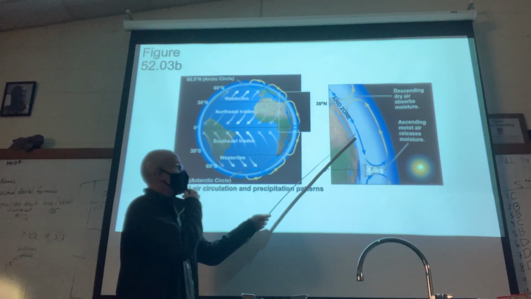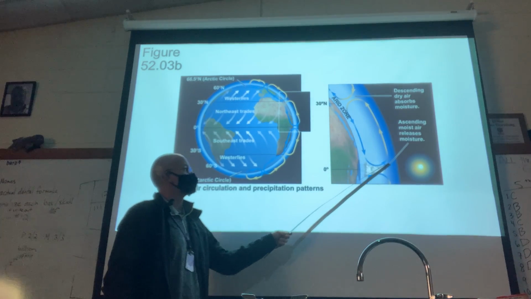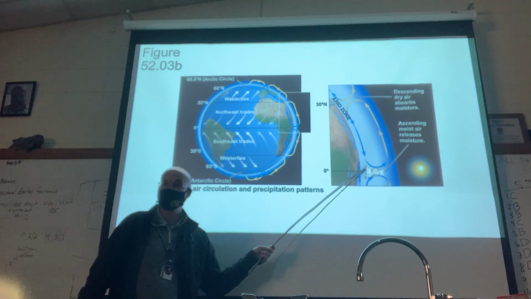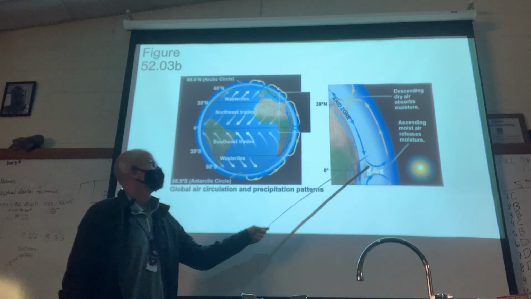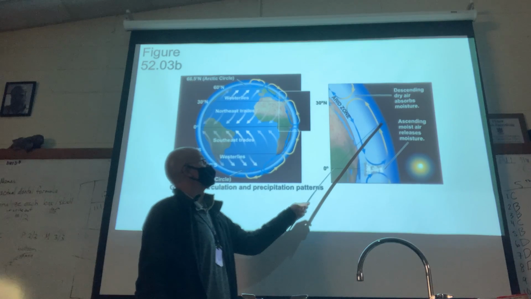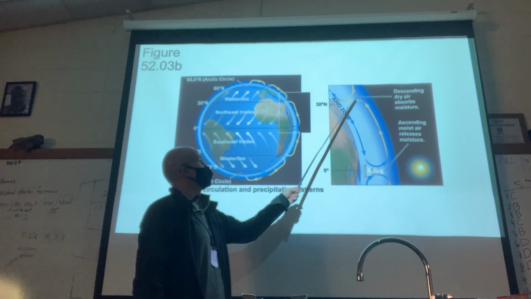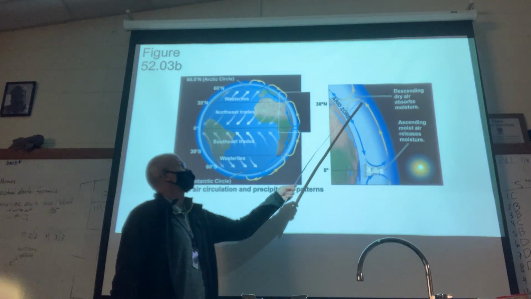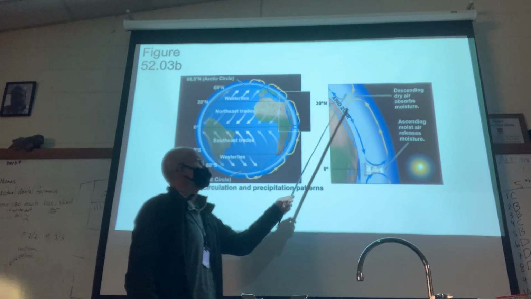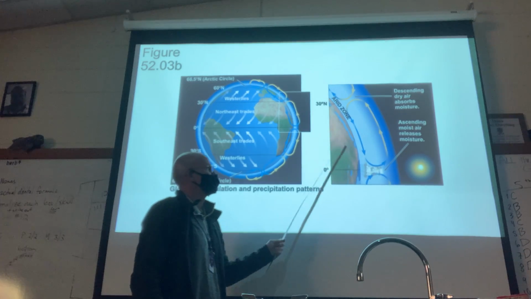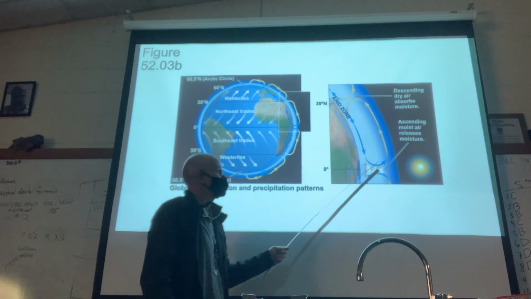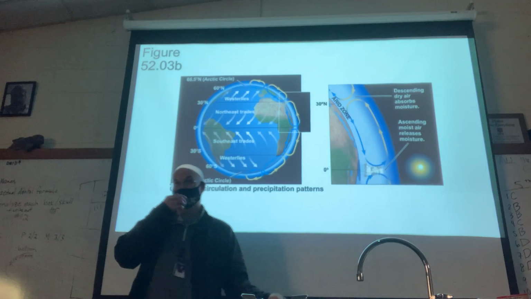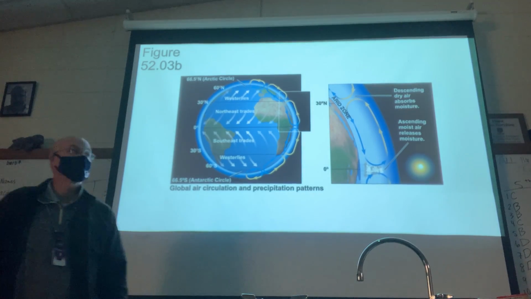So as this air begins to rise and cool off, you get precipitation in these regions. When that air is dry, cools off enough to descend back down to the earth, there is less precipitation. So this wind cycling is going to affect whether you have a region that gets more or less rainfall.